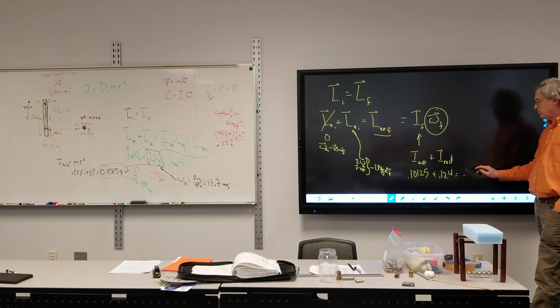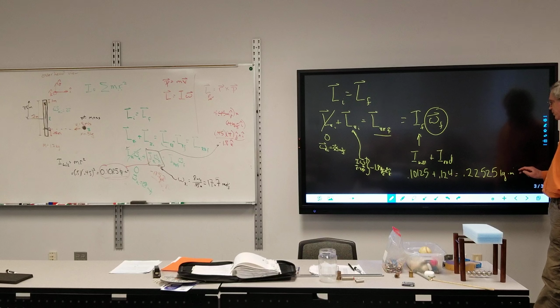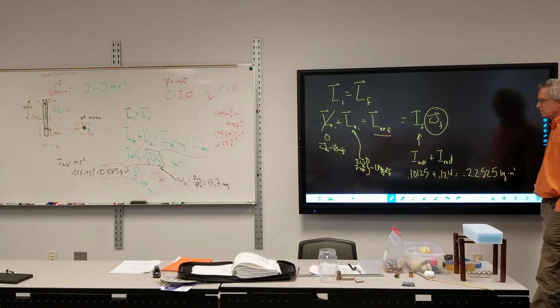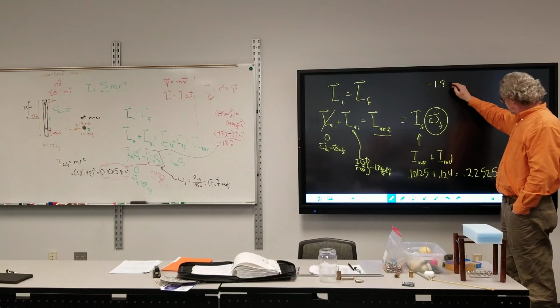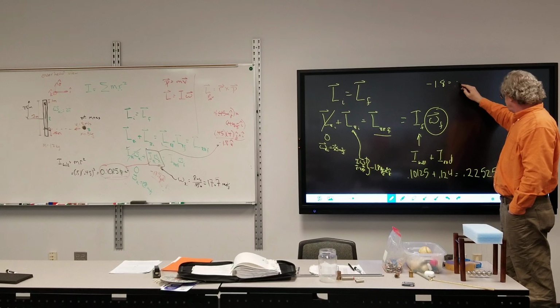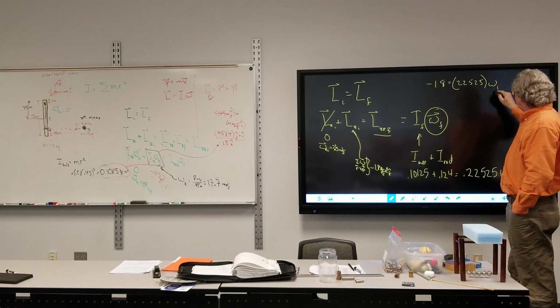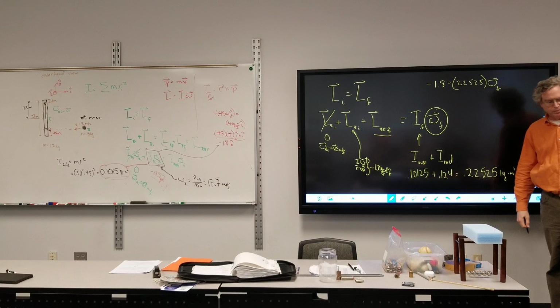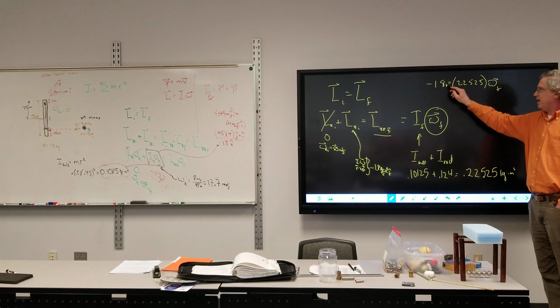And so I have 0.22525 kilogram meter squared. So the math problem I'm working with here is negative 1.8 equals 0.22525 omega final. I guess officially there's a k hat here.